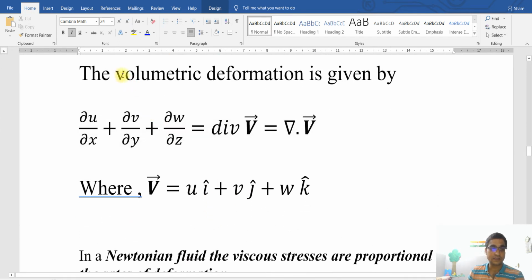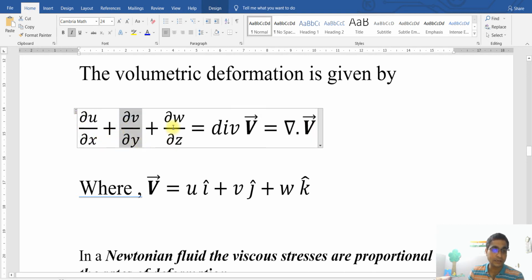So volumetric strain, or deformation, can be given as the divergence of V. That's it. We just have to add all the linear deformation in all the 3 dimensions. This is actually deformation in the x direction in the x plane, in the y direction in the y plane, and in the z direction in the z plane.